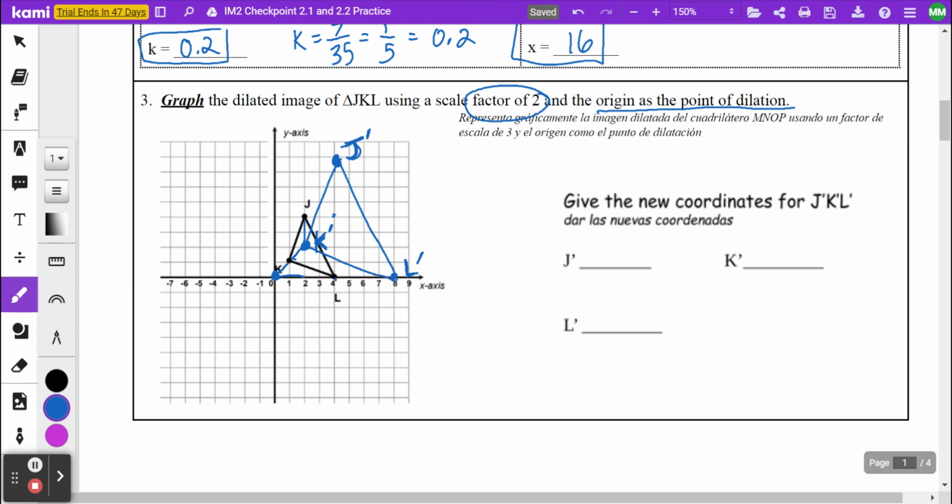The coordinates of J prime are 4, 8. The coordinates of L prime are 8, 0. The coordinates of K prime, I should have been saying prime for the other ones too, sorry, are 2, 2. That problem's done. We continue.